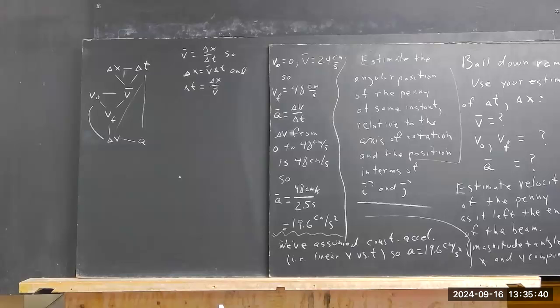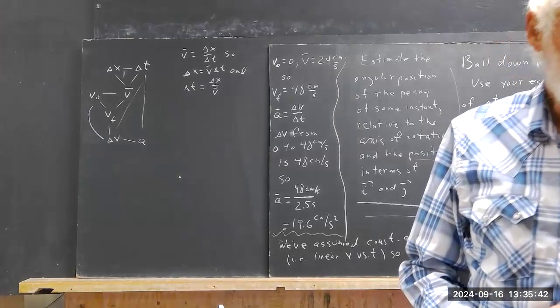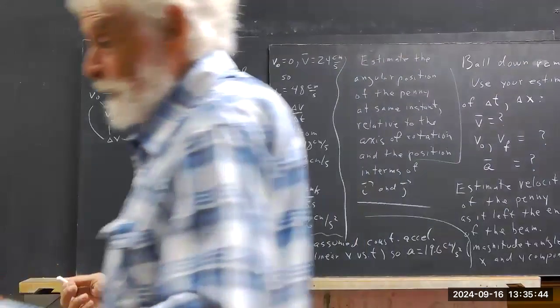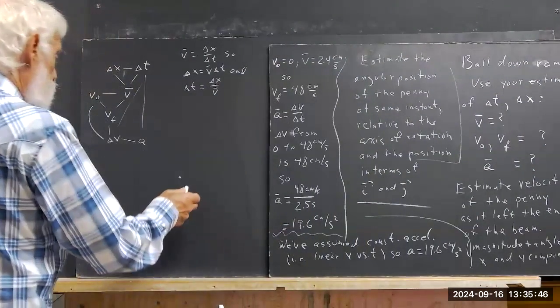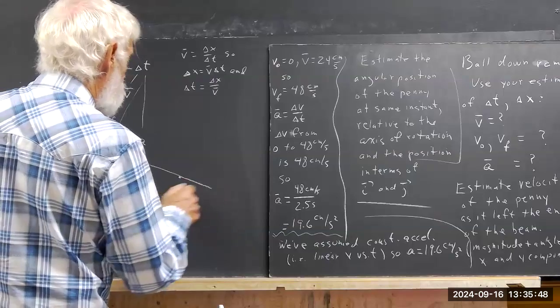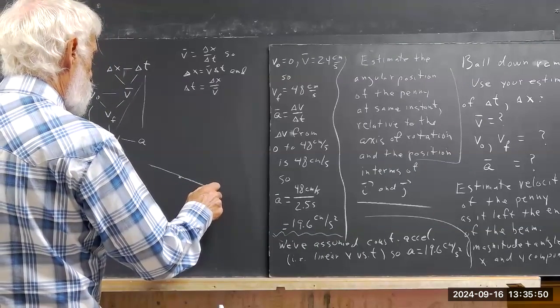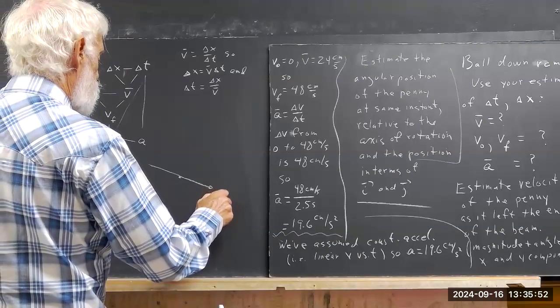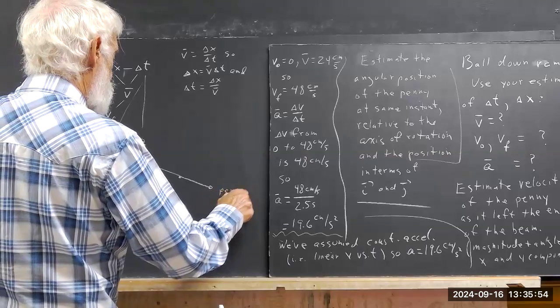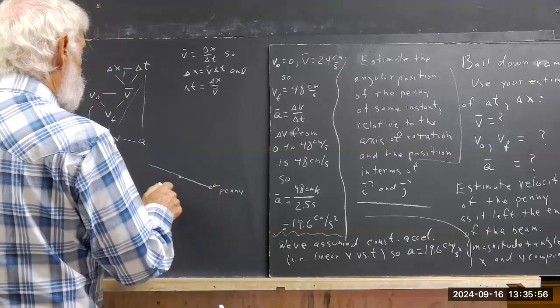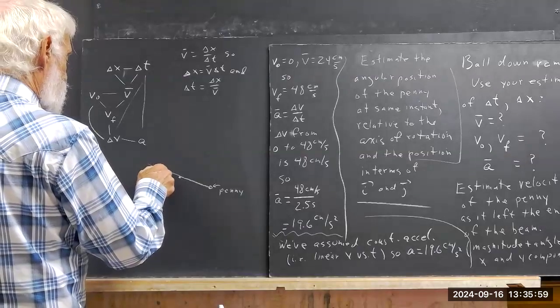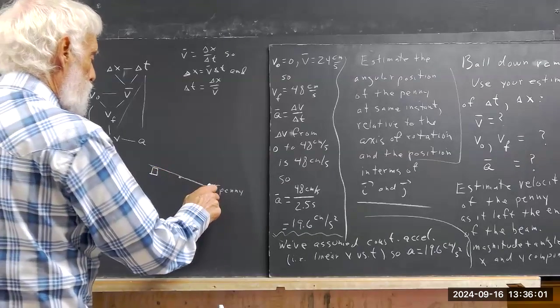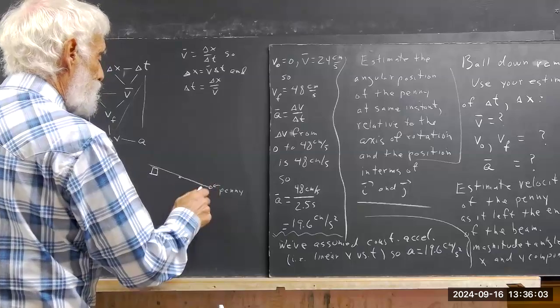But if you thought it was 290, that's okay, especially if you're sitting at a bad angle. So here's the bar. It's rotating. Here's the penny. And here is the block that I put in the way. And the penny then went off in what direction?